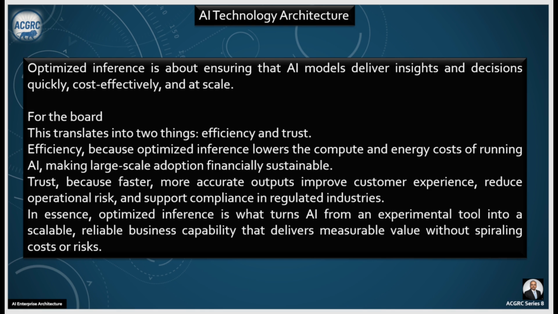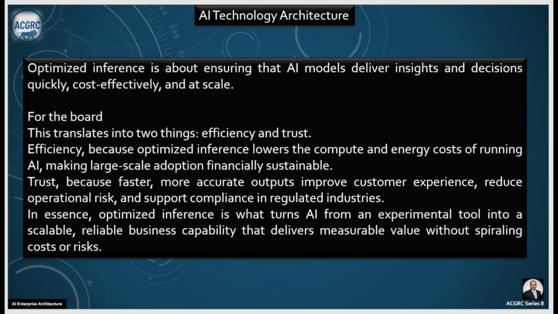Efficiency, because optimized inference lowers the compute and energy cost of running AI, making large scale adoption financially sustainable. Trust, because faster, more accurate output improves the customer experience, reduces operational risk, and supports compliance in regulated industries.